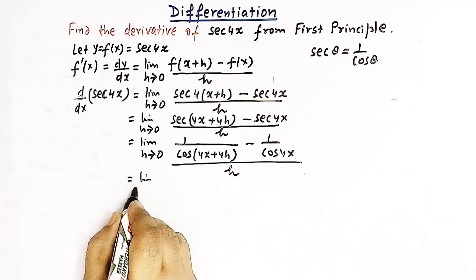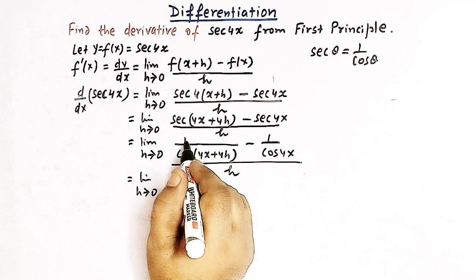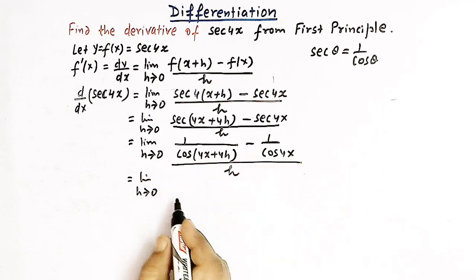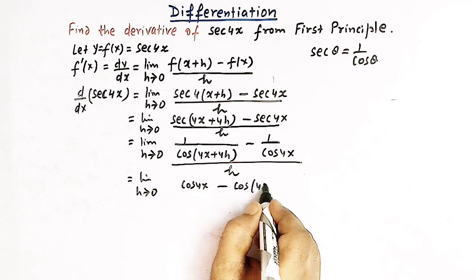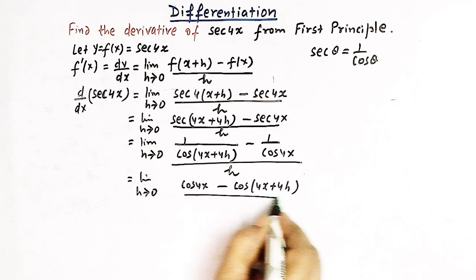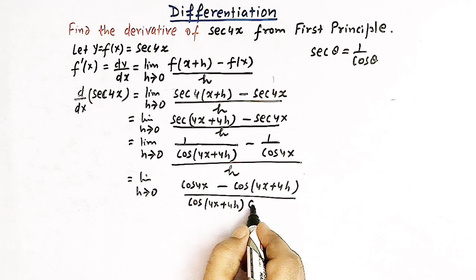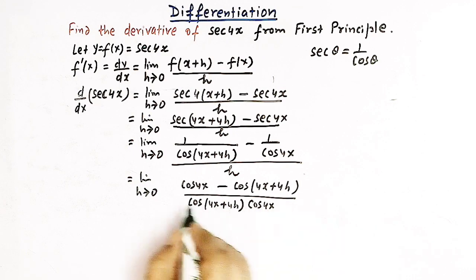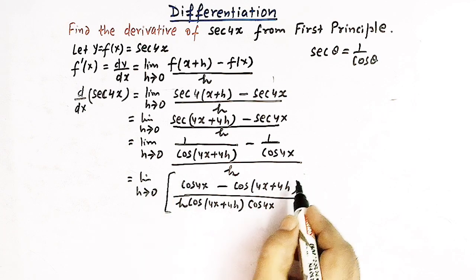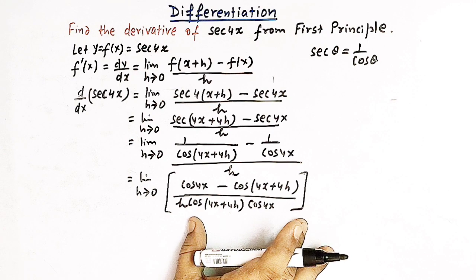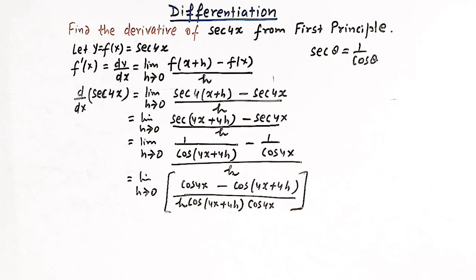Okay, now let us simplify this expression by cross multiplication or taking the LCM here. We have cosine 4x minus cosine of 4x plus 4h, divided by cosine of 4x plus 4h, then cosine 4x, and then here we have the quantity h, right? So now we have to evaluate this limit. Now see, in the numerator we have the difference of two cosine functions.